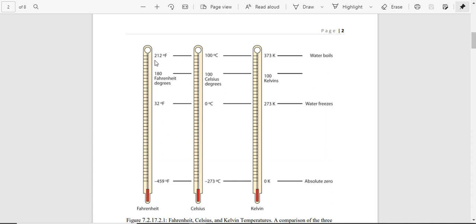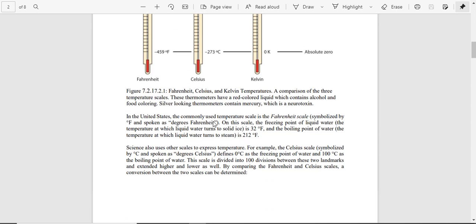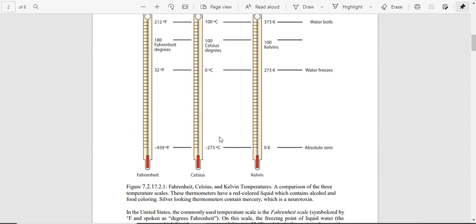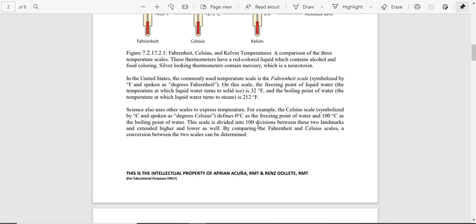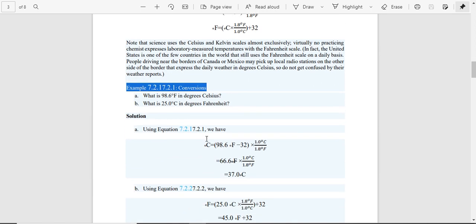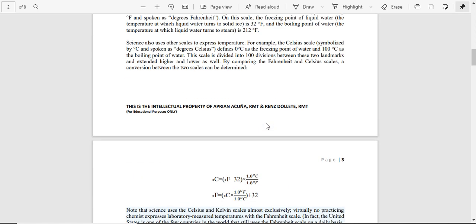Then, if into Kelvin naman siya, you have your 373 Kelvin. Okay, so this is already self-explanatory below. Let's go next sa atong solving or sa atong conversion.